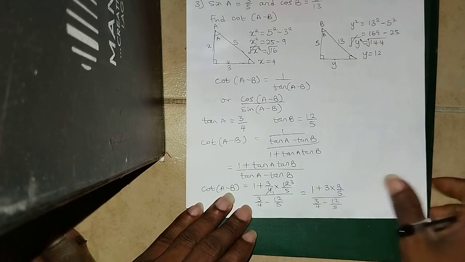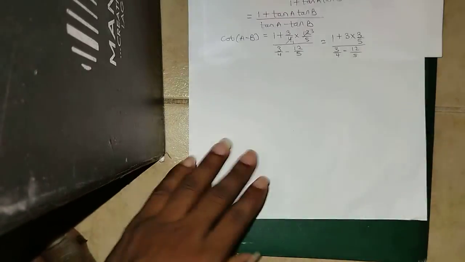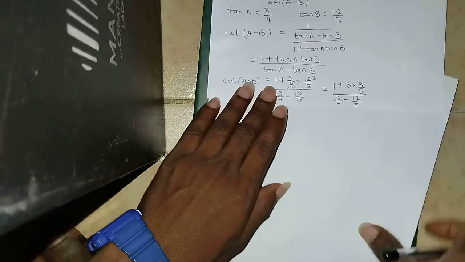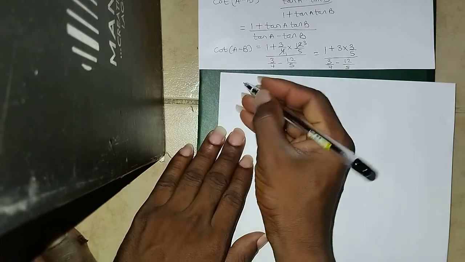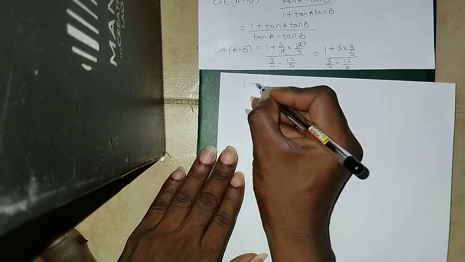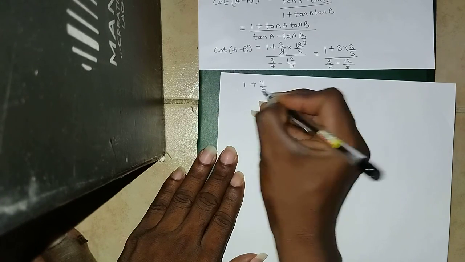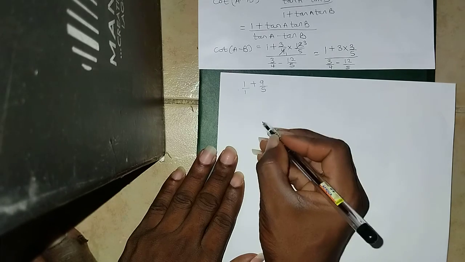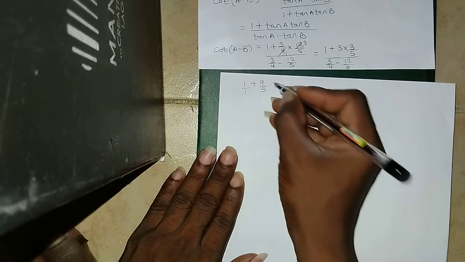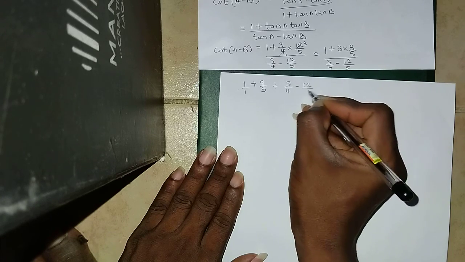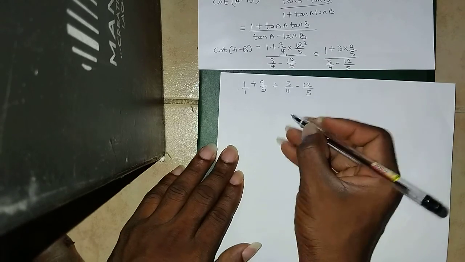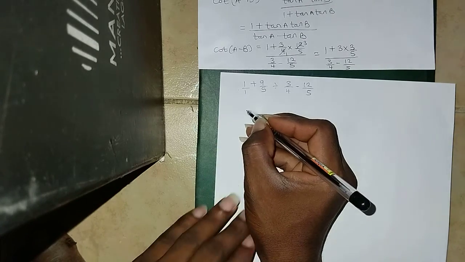So 1 plus, that should give me something like 1 plus 9 over 5. Okay, I can put 1 here too, divided by 3 over 4 minus 12 over 5, which would now give me this.